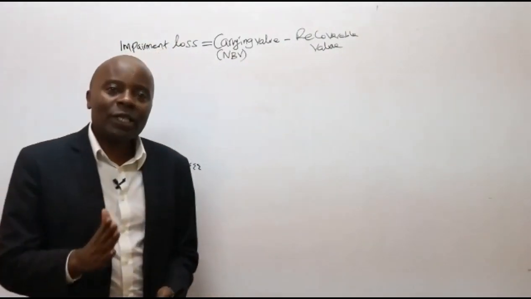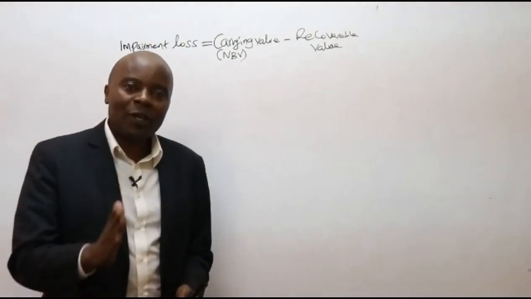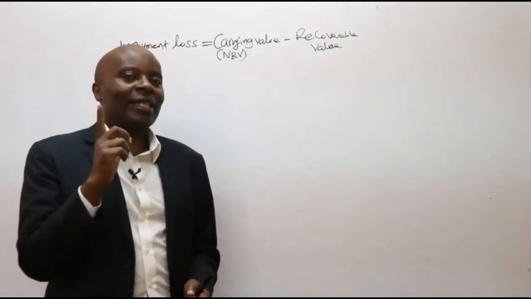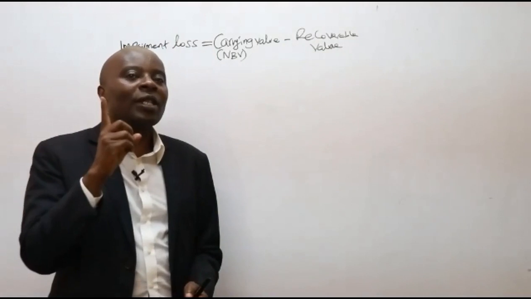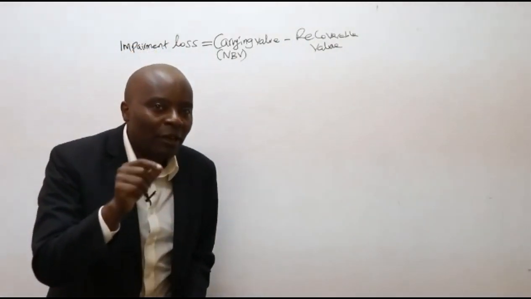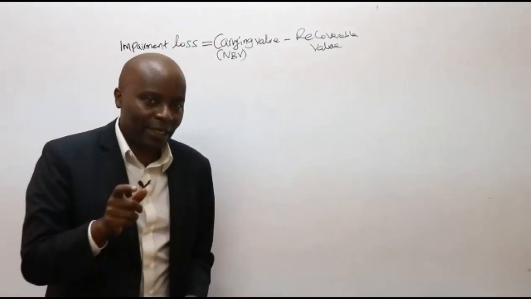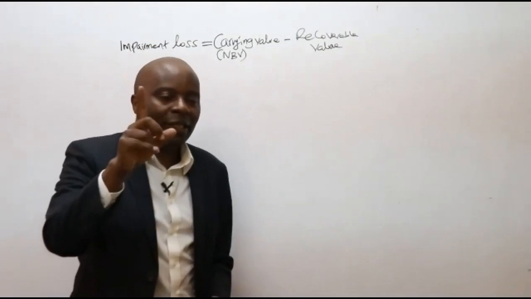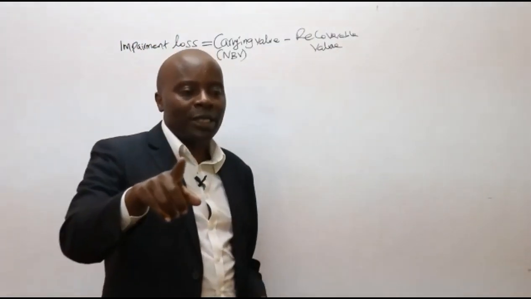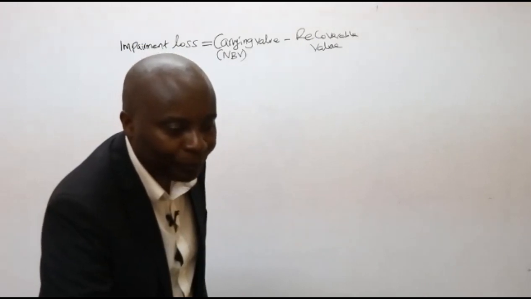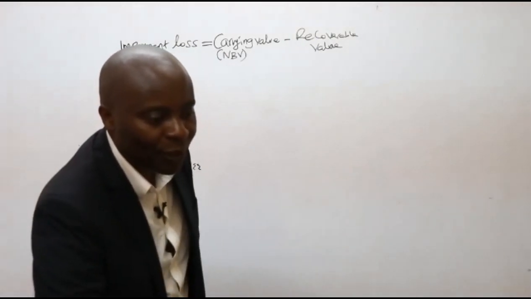So when you lose technical staff who are supposed to be running some technical machinery, technical asset, that automatically will, ladies and gentlemen, be an indication that you will not be able to get full use out of that asset. You need to start thinking of how to impair the value of this asset in our financial statements, in our statement of financial position. You have to do something to its value. Great.